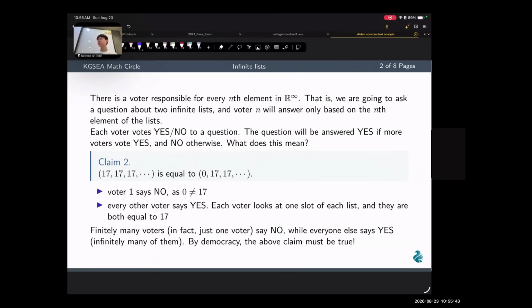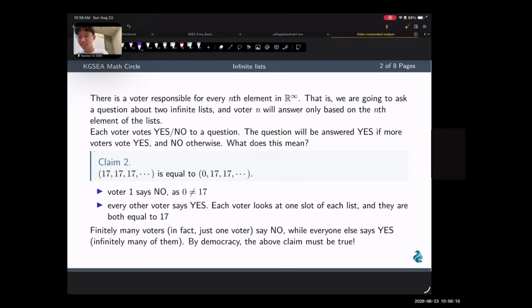I mentioned voting, and here is how voting is going to work in the new reals. When I say a vote, I'm going to put a question to the vote. I'm going to ask a question about some infinite lists, and the voters are going to vote yes or no. Whoever has more votes wins.